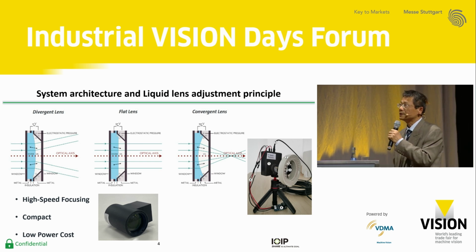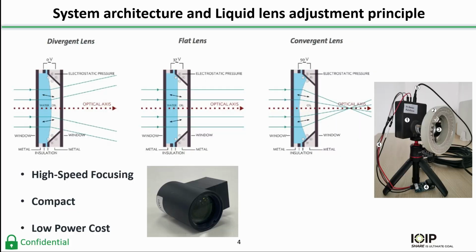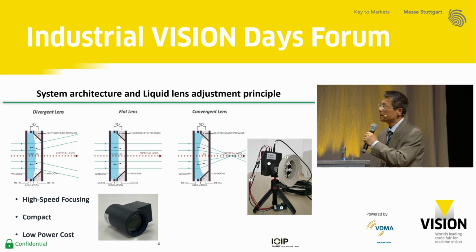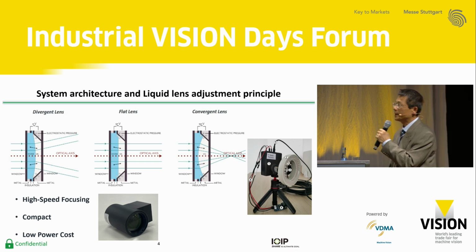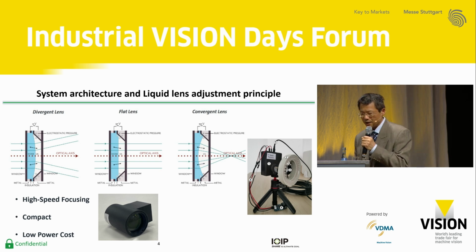We have the sensor already, and when we try to adjust the focus, we still need the optical component, and we use the liquid lens to replace the motor moving parts. The basic idea of the liquid lens is the phenomenon we call electrowetting.